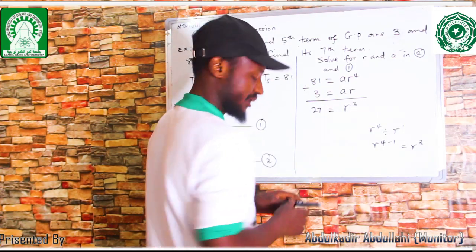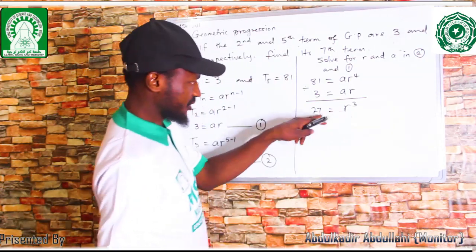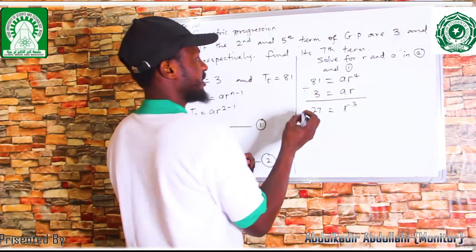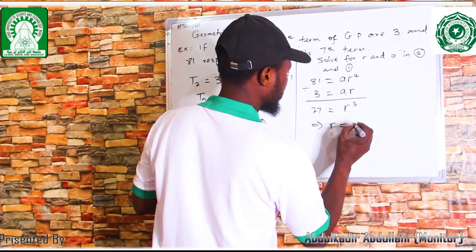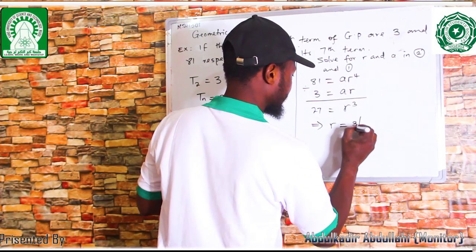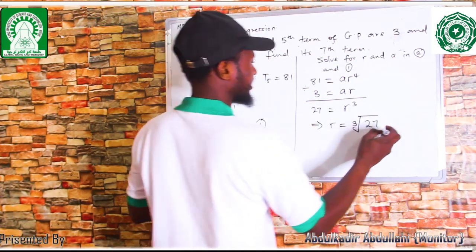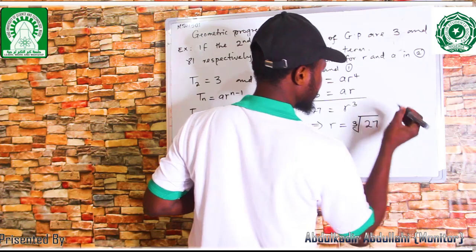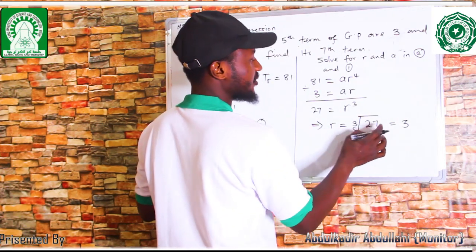So now we are looking for R, and we just take the cube root of 27 to get our R. This implies R is equal to the cube root of 27, and the cube root of 27 is just 3, because 3 to the power 3 gives 27.